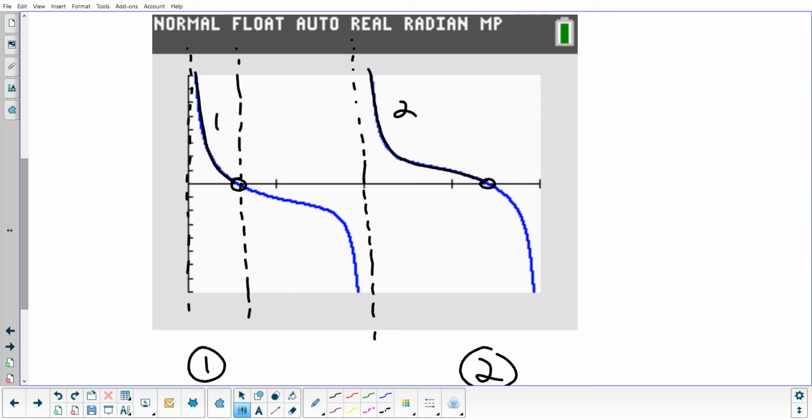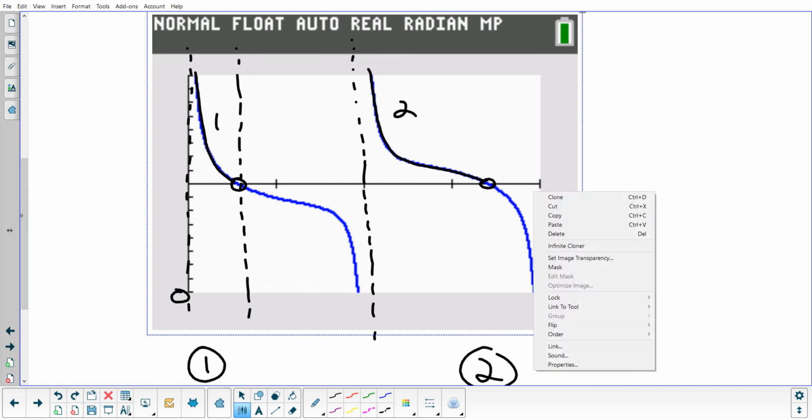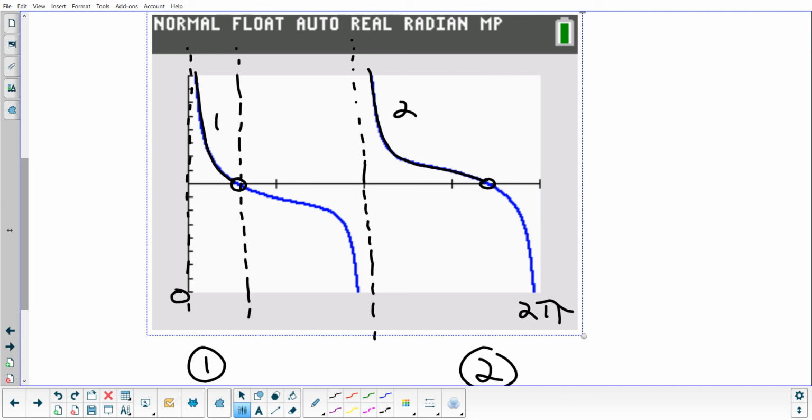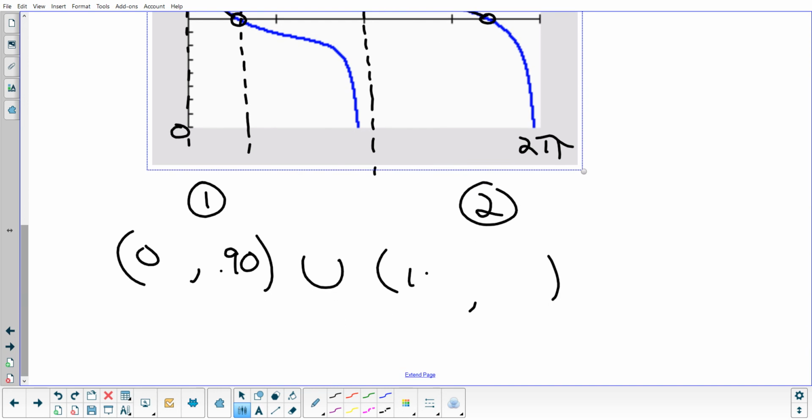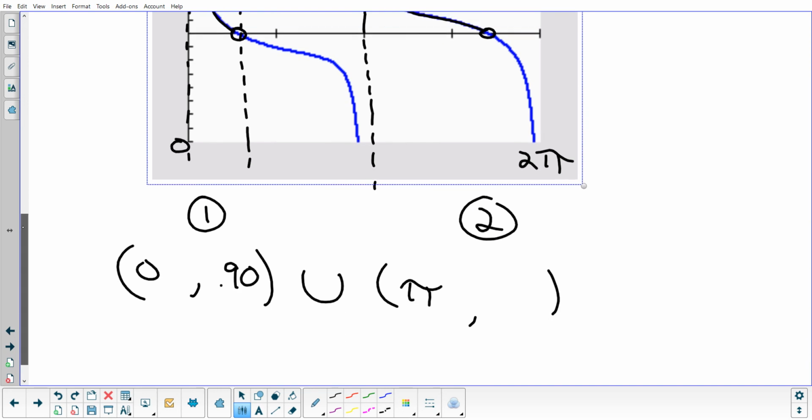Yep, 2. Well, this is 0, right? What's the right edge of my window? I didn't put in 5 as my x max. 2 pi. Oh, it's a pi. So that asymptote is right at pi. So this interval starts at pi.